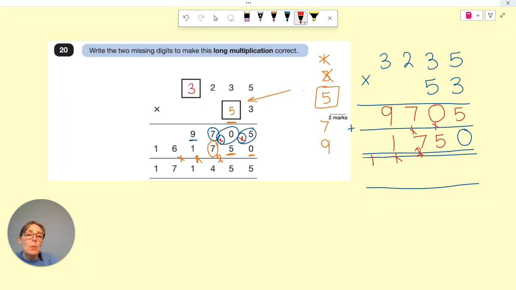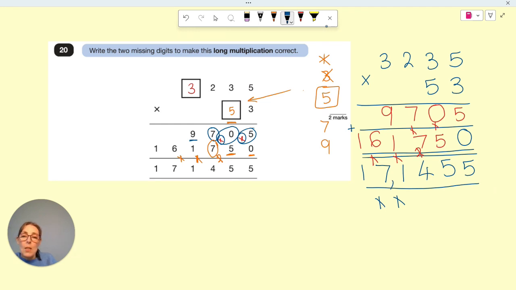And 5 times 3 is 15, add 1 is 16. So we've got 5. 0 plus 5 is 5. 7 plus 7, 2 sevens are 14. 9 add 1 is 10, add 1 is 11. 6 add 1 is 7. And 1. So we've got 17,000.